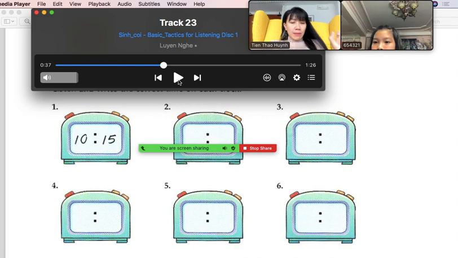So you have to remember the 2 first, right? 10 after 2 means 2 first, then 10. So number 2 is 2:10, not 10:10, right? Not 10:10. Yeah.